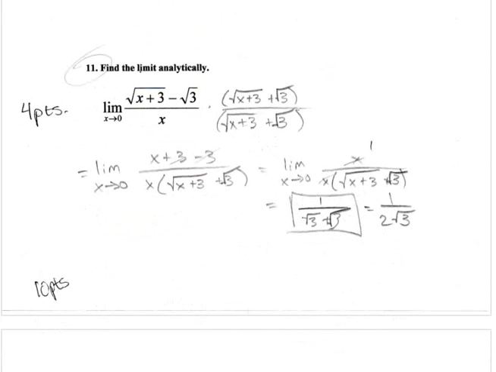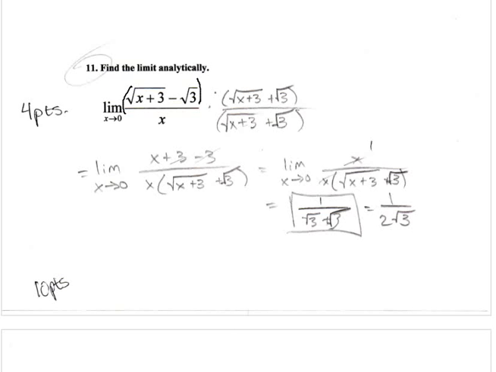Okay, so number 11. Number 11 looks a lot like problem number 1 on the first page. So what we do is we rationalize by multiplying, using the definition of the difference of perfect squares to see if we can remove some of these radical signs in the numerator.